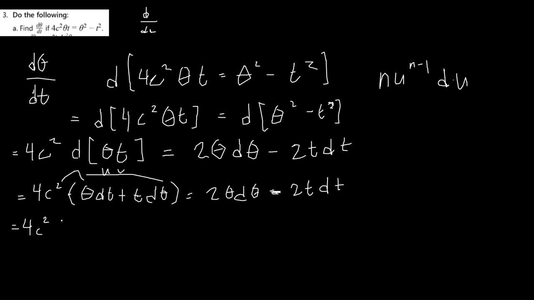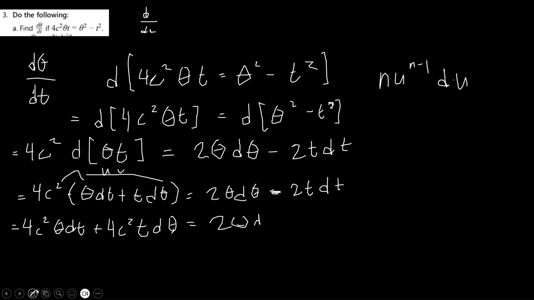So 4c squared theta dt plus 4c squared t d theta equals 2 theta d theta minus 2t dt. Okay, now we will combine like terms, so I'll put the d theta on the left side and then dt on the right side.